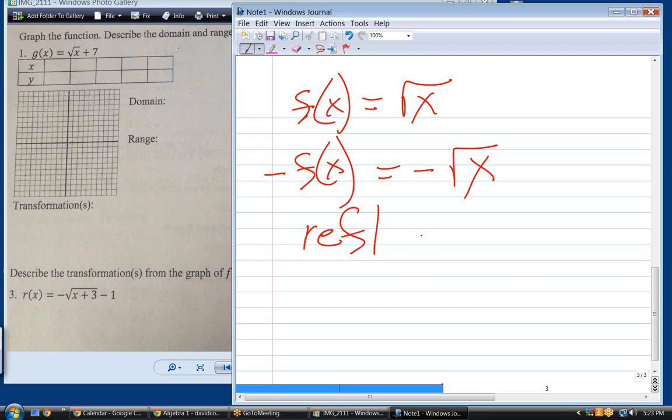And you can't just say it's a reflection. You have to say which axis it's a reflection over, because you can also reflect over the y-axis. So this one is a reflection over x. It's a horizontal shift left 3 units.